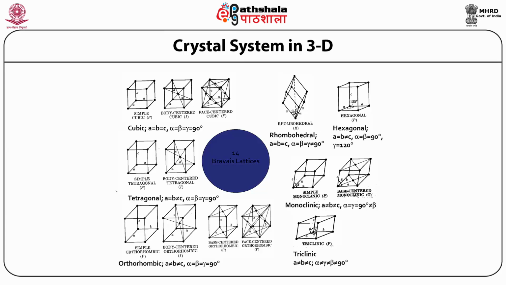Hexagonal has A equal to B but not equal to C, and alpha and beta are equal to 90 degrees, whereas gamma is equal to 120 degrees. Monoclinic has all the sides not equal to each other, but alpha is equal to gamma is equal to 90 degrees, but not equal to beta. Whereas triclinic has all the sides not equal to each other, that is A not equal to B not equal to C, and all the angles are not equal to 90 degrees and not equal to each other also.